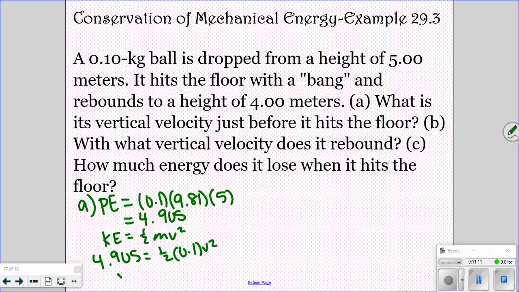If you solve that, just before it hits the floor, the velocity is going to be negative 9.9 meters per second. We go to 2 sig figs because that number has 2 sig figs.